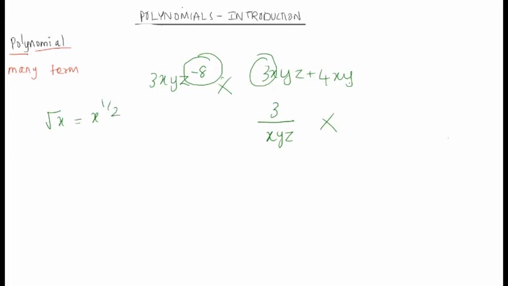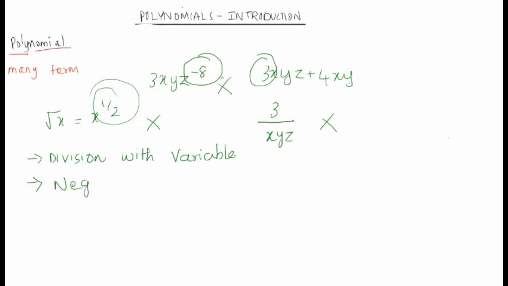So we see that the power in this term is a fraction, which is rational. So rational power is not allowed. Division by a variable is not allowed. Negative powers are not allowed.